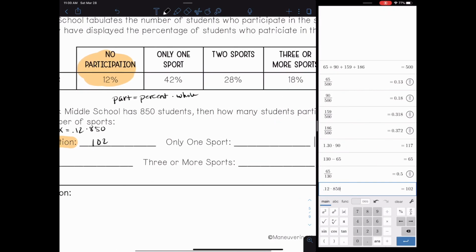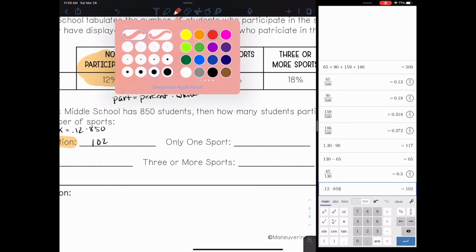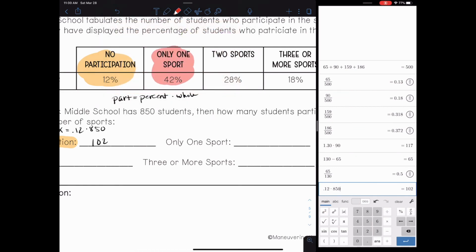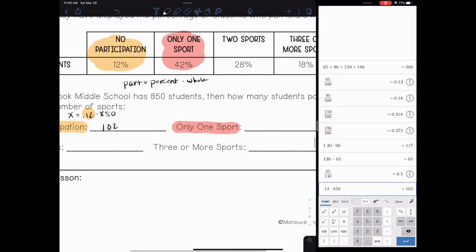The other ones are the exact same thing. So only one sport. So that's right here, only one sport. So again, the only part that's going to be interchanging is going to be the percentage. So X equals the percentage times the whole, which is 850.